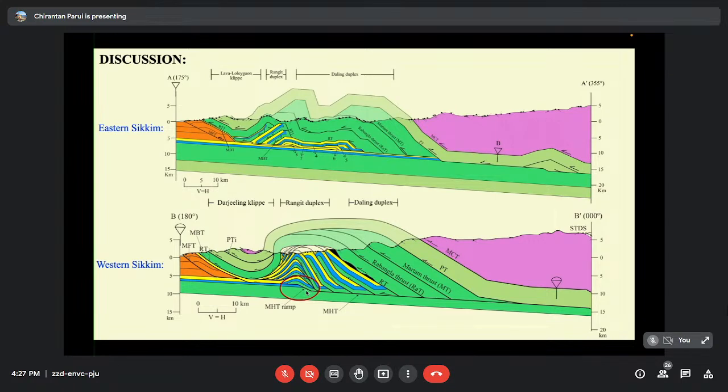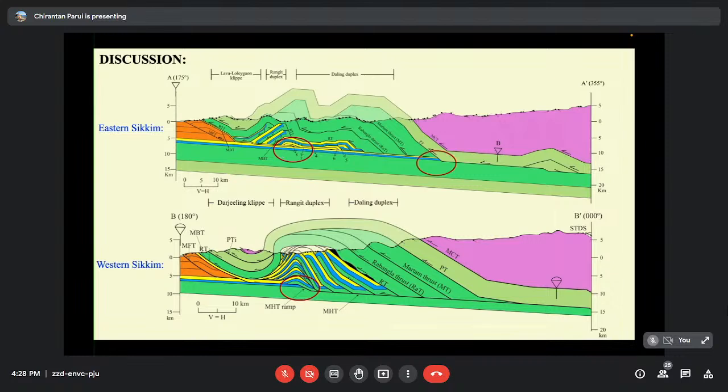There is a frontal ramp, an MHD frontal ramp, below this Rangit duplex, which is 2 kilometers thick, which actually generated enough structural culmination to expose the duplex in western Sikkim, whereas the corresponding footwall ramp is only 400 meters thick in eastern Sikkim, which did not generate enough structural culmination to expose it.